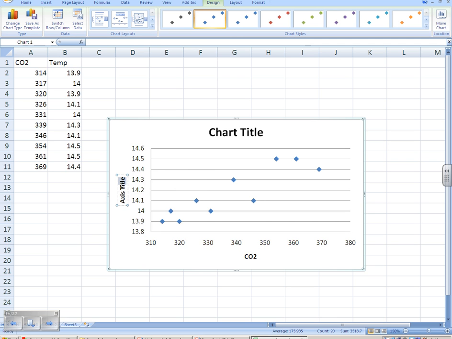We'll be predicting temperature using the CO2. So CO2 on the x-axis, temperature on the y-axis. CO2 concentration in parts per million, temperature in degrees Celsius. The relationship between temperature and CO2.